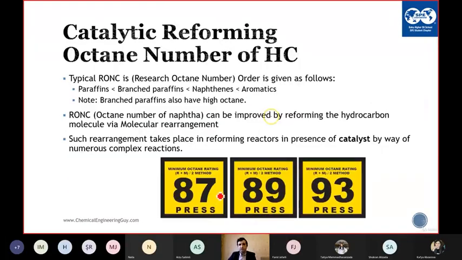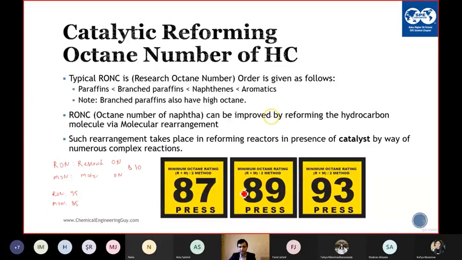So this I showed you in the first session. So we have the RON, which is also in the second session, the research octane number, and we have MON, which is the motor octane number. These are different ways to measure the octane number of the naphtha or gasoline products. There is a difference of about 10. For instance, if the RON is 95, then the MON will be 85.